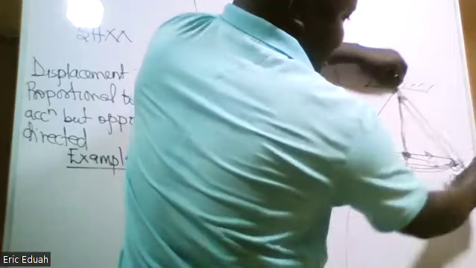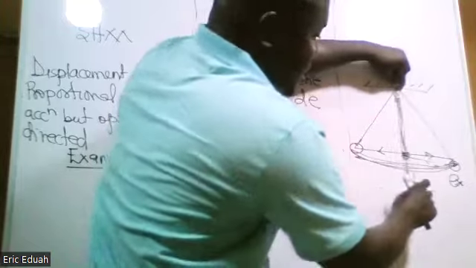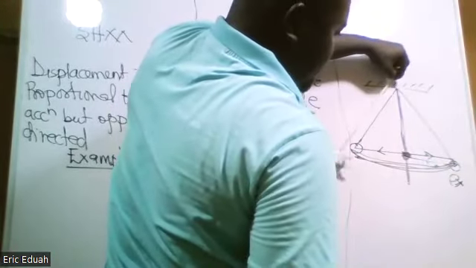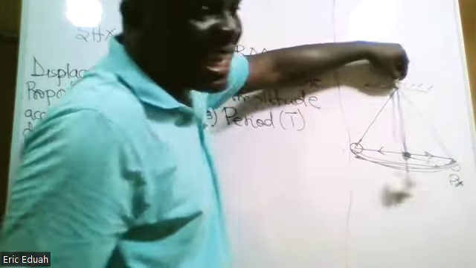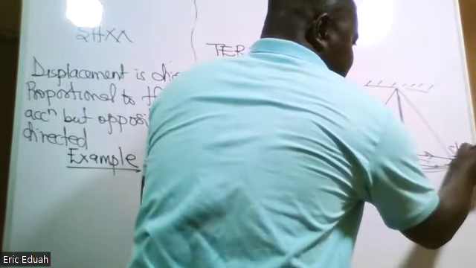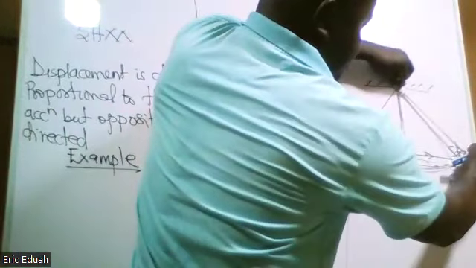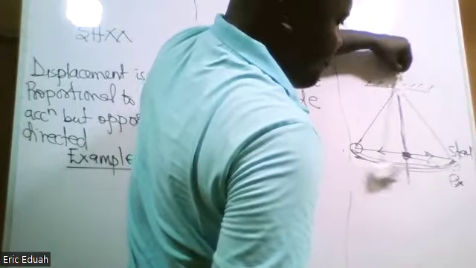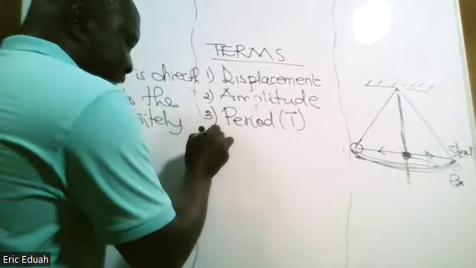I move it in this direction. If I'm counting the number of complete oscillations, it has to go and come. Anytime it comes back to where I started, the starting point, it gives me one. So 1, 2, 3, 4.